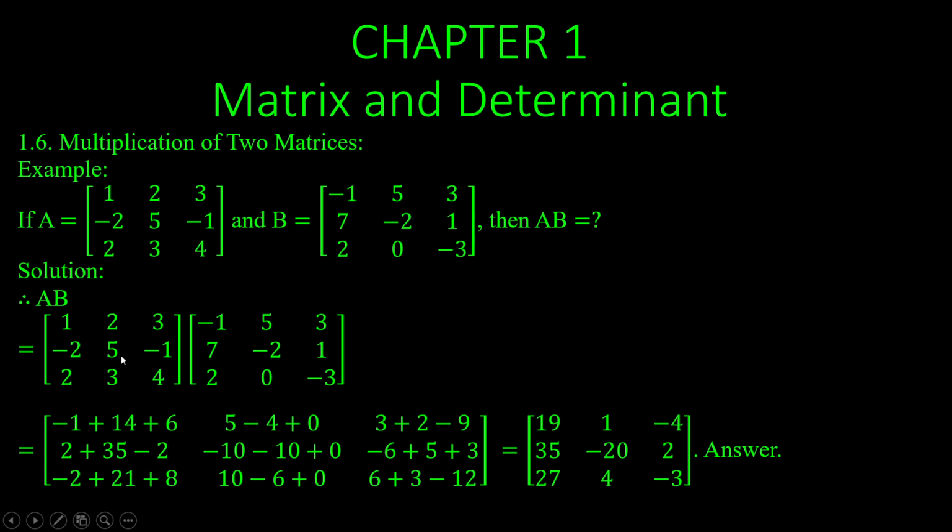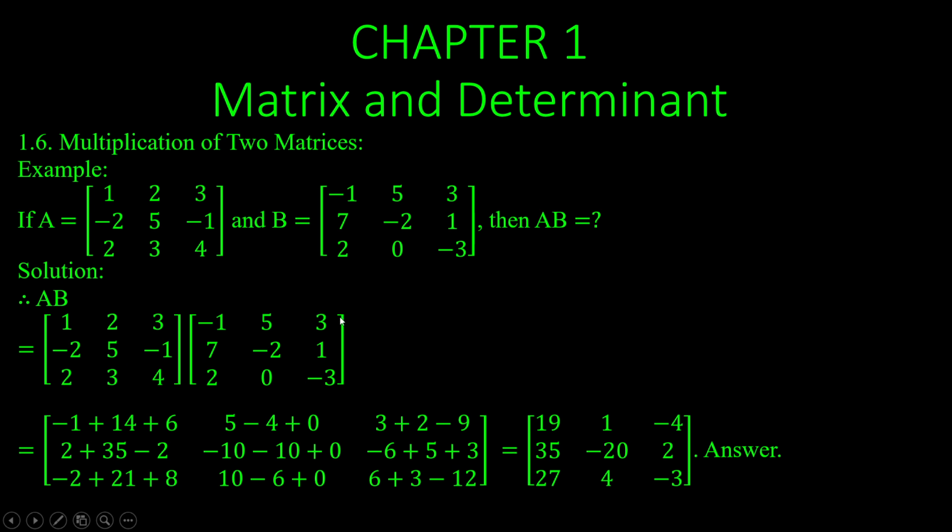Minus 2 and 5, minus 10, 5 and minus 2, minus 10, 1 and 0, plus 0. 2 and 5 is 10, 3 and minus 2, minus 6, 4 and 0, plus 0.